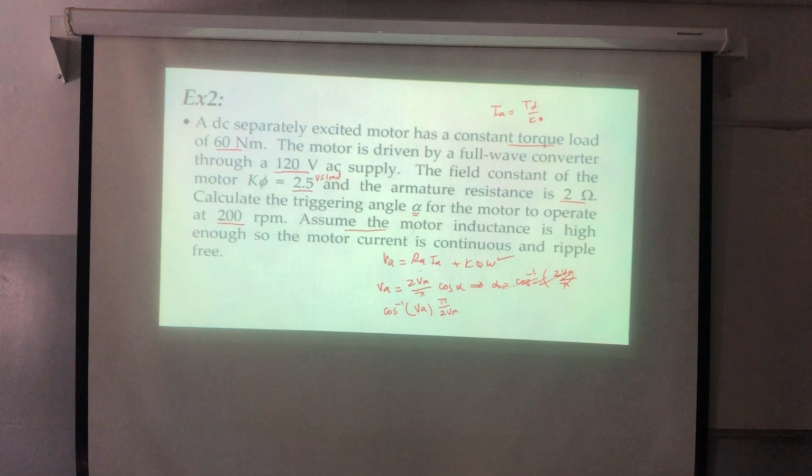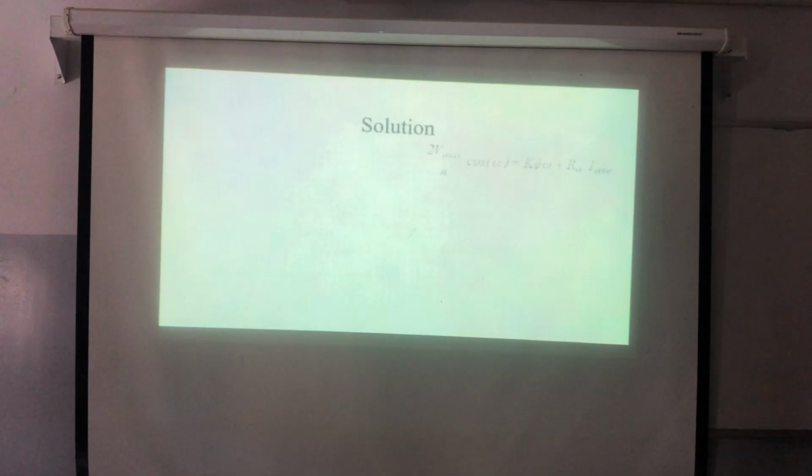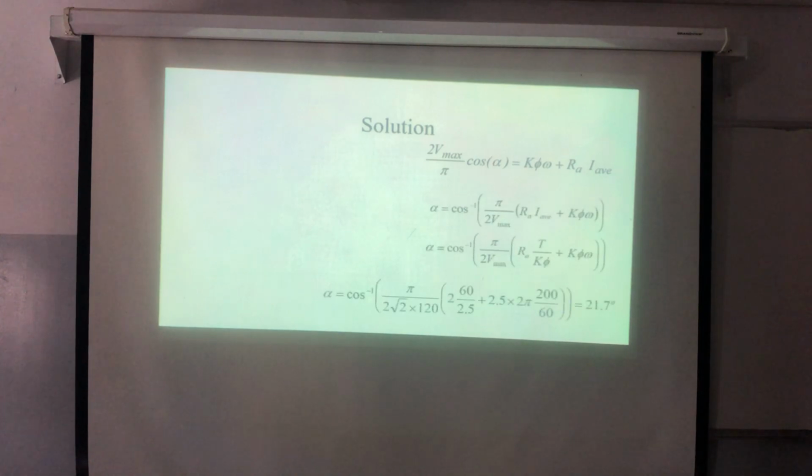And VA is equal to this one. So straightforward. Let's see. So alpha is equal to cosine inverse of pi over 2 Vmax times (RA TD over K phi plus K phi omega). If I do the math, it will equal 1.7 degrees.